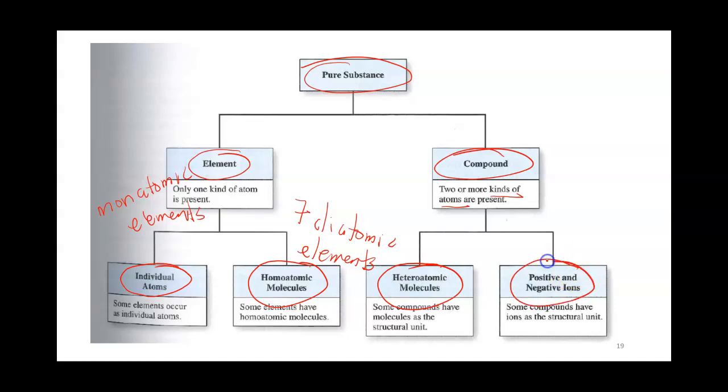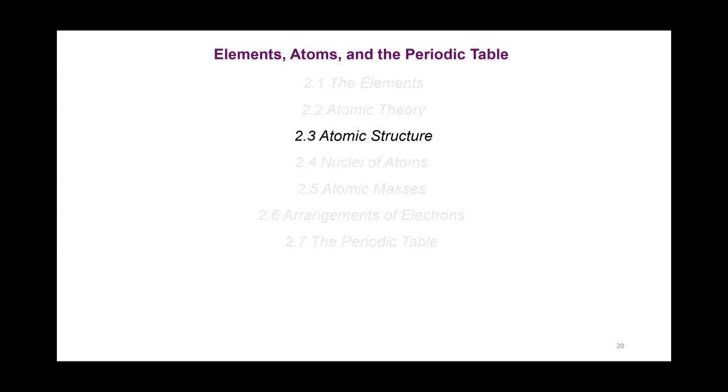Or they might be composed of positive and negative ions, in which case they will be crystalline and there will be an approximately infinite repeating pattern of these positive and negative ions building up what we call a crystal. Okay, so that brings section 2.3 to an end.